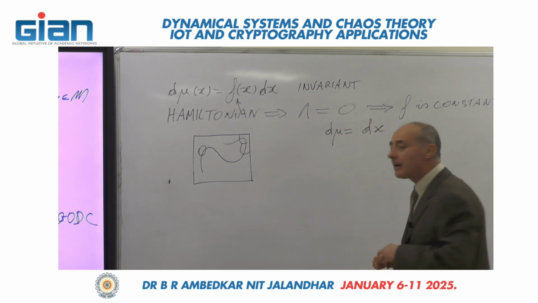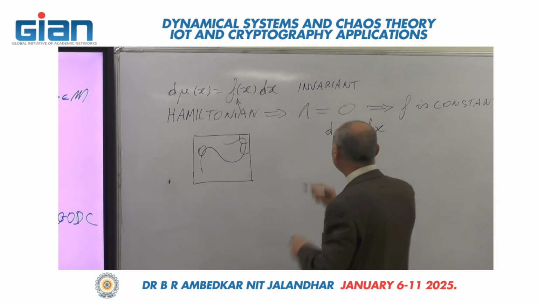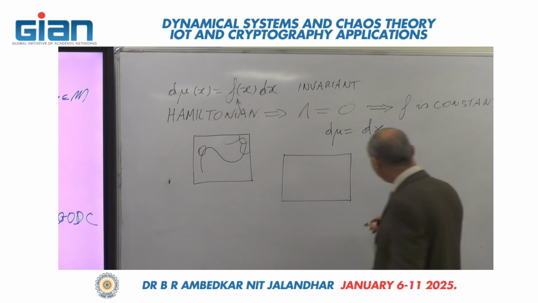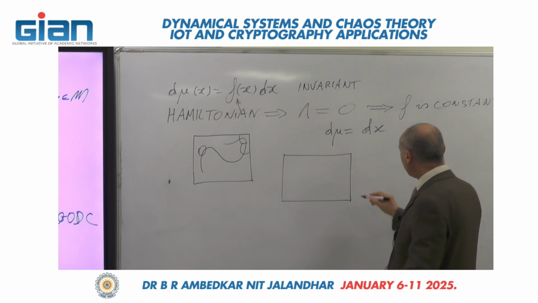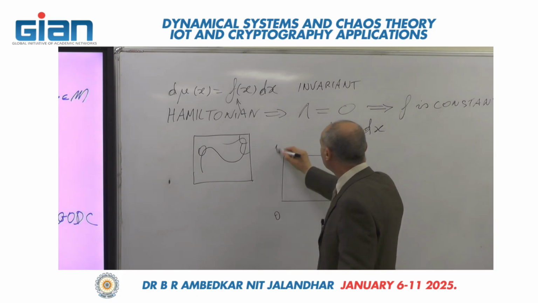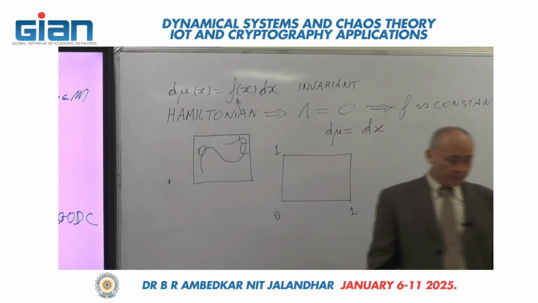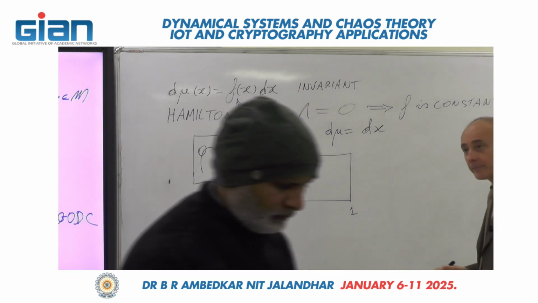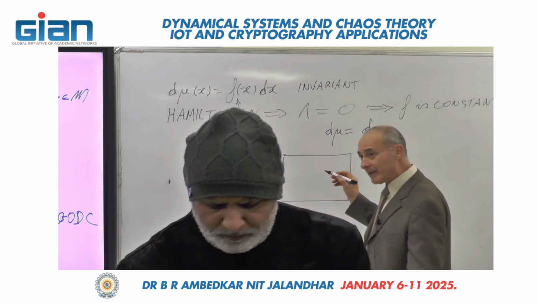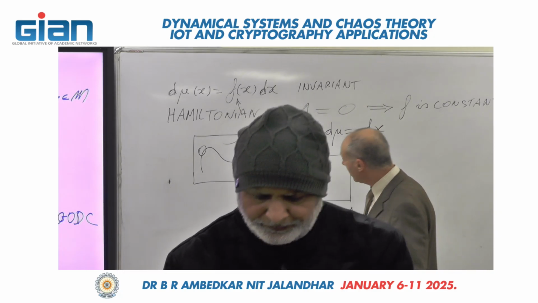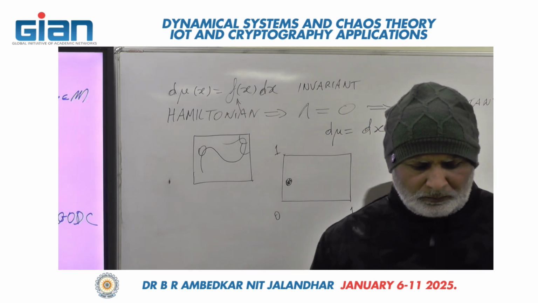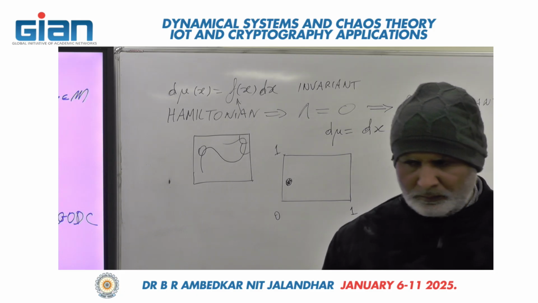Now I'll give you one example. And the example is this. You take a phase space which is a square that could be seen as a torus that has been cut. Okay, so it produces periodic boundary conditions. And I take a certain number of points in a certain region.